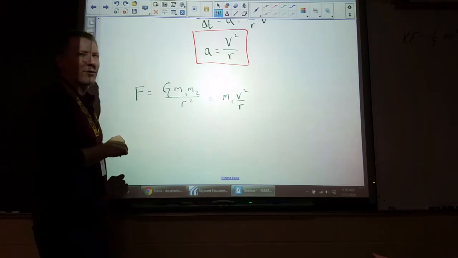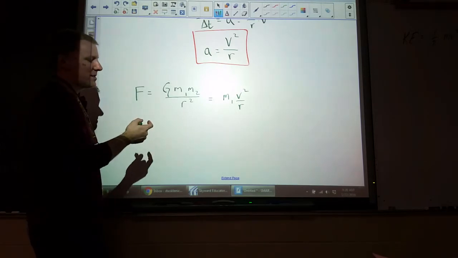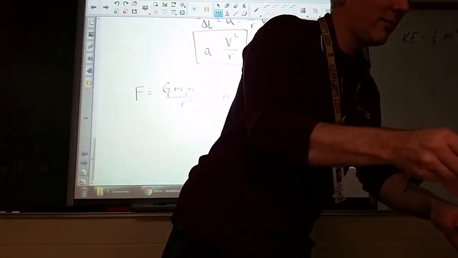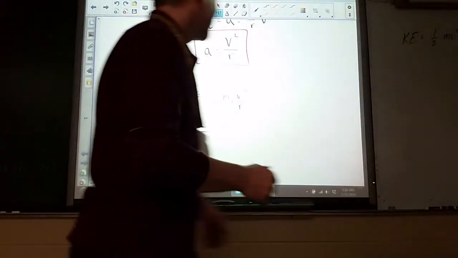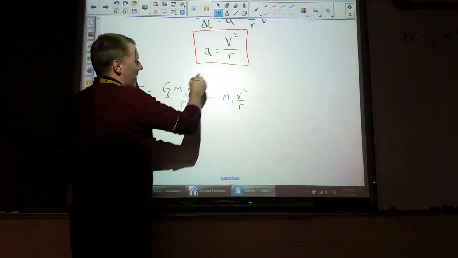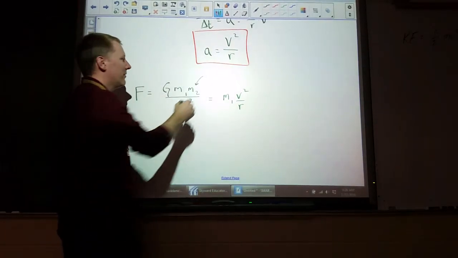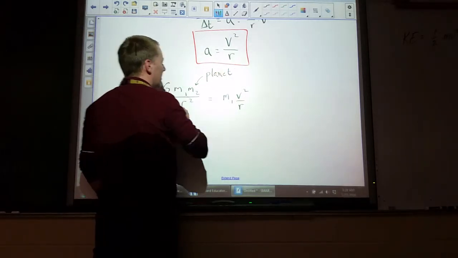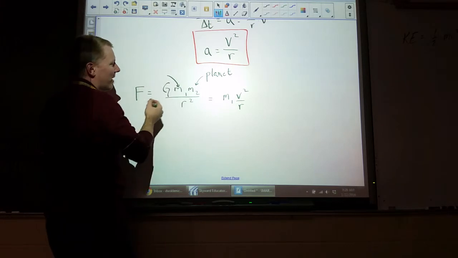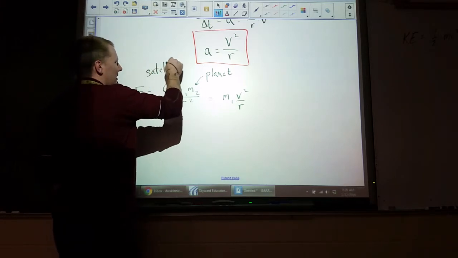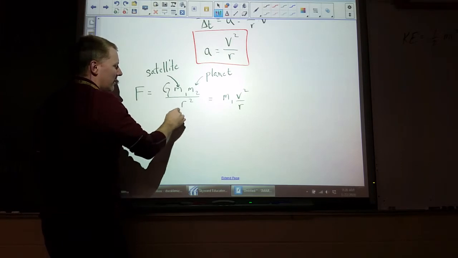And we'll wait for another day to talk about a couple of specifics, namely the period of rotation and how long it takes and that sort of thing. But these two things are equal. This would be the mass of the planet, say, if you're orbiting it. This would be the mass of whatever type of satellite is going around.